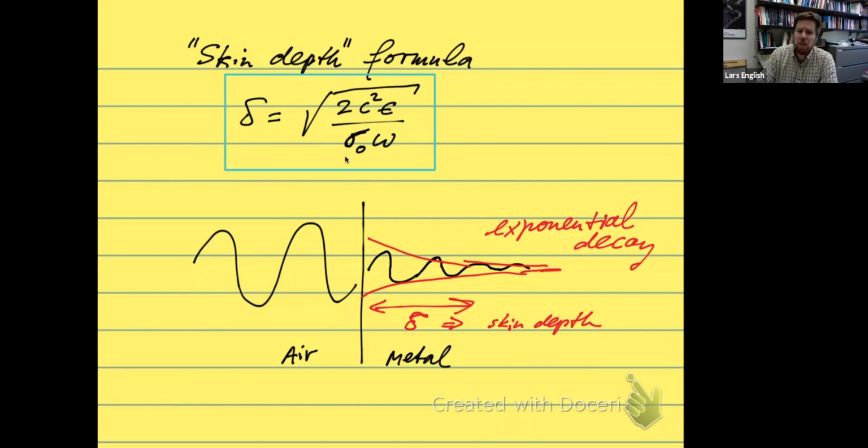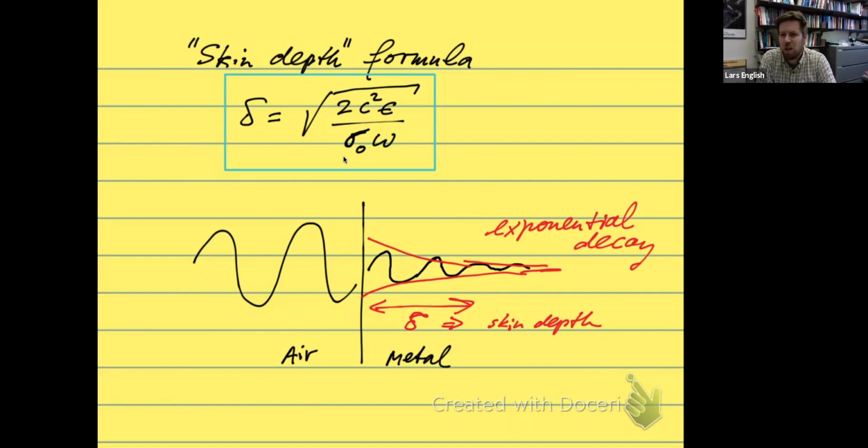Furthermore, the sigma naught is in the denominator here as well. So all else being equal, a material that has a greater conductivity will have a shorter skin depth. Does that make sense? That should make a lot of sense, actually, because it's precisely the electrons that are free that are attenuating the electromagnetic wave.